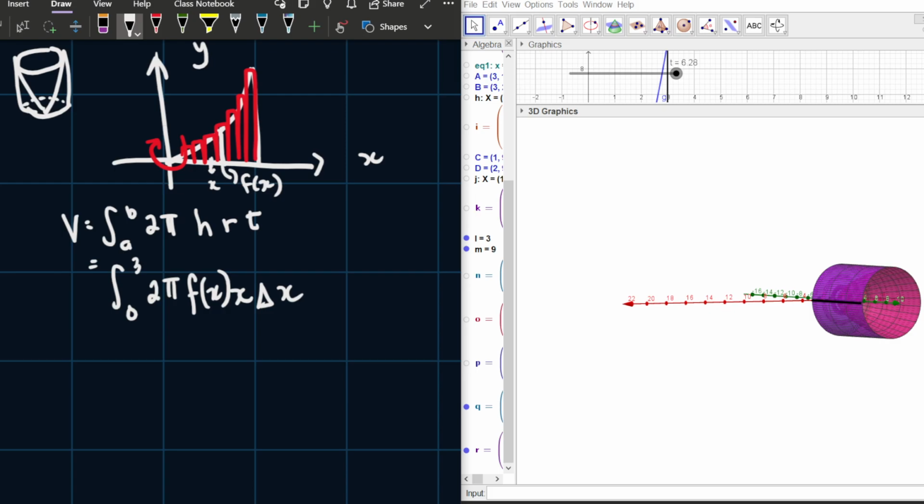Now, of course, one less thing to do is to change f of x. Palitan natin siya do sa actual value niya, which is x squared. Okay? Simplify. Factor out ko yung 2 pi. So, meron tayong integral from 0 to 3, and then we have x cubed dx. Sorry, we can now write this pala as dx instead of delta x.